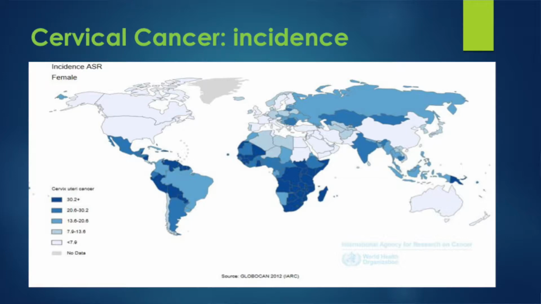We can clearly see that there's a big difference in cervical cancer incidence. The darker the blue means more disease, and we can see that there is a higher incidence of cervical cancer in developing countries. About 85% of cervical cancer occurs in these blue areas, which are developing countries.